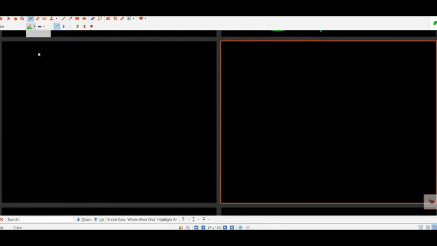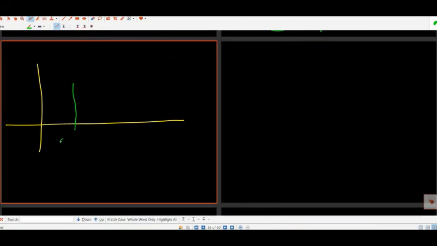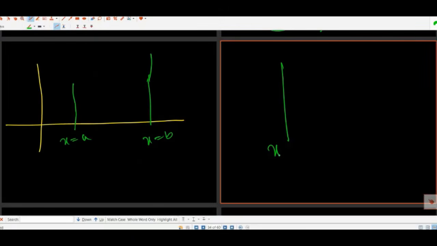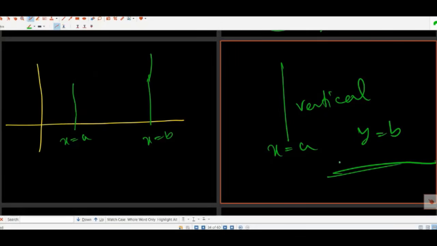Suppose we have two vertical lines here, x equal to a and x equal to b. From the concept of geometry, you know x equals a are vertical lines and y equals b are horizontal lines.